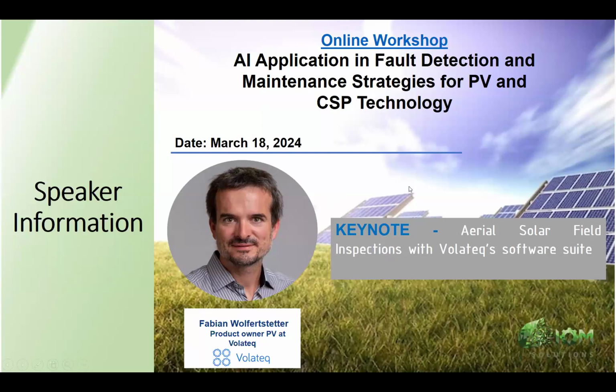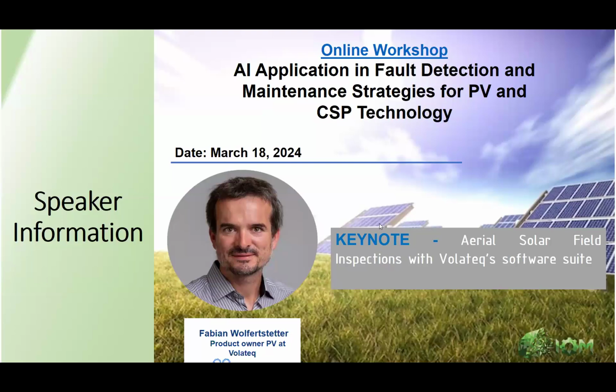But in CSP specifically, we can see that people are not used to this kind of inspection. And there we see that people appreciate it; once they have tested our technology, they never want to go back. So the example we gave before, that they can save millions in a 100 megawatt plant over the lifetime of the plant, it's not hard math to see that it works out for the operator.